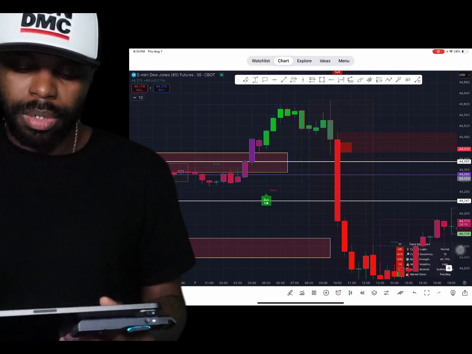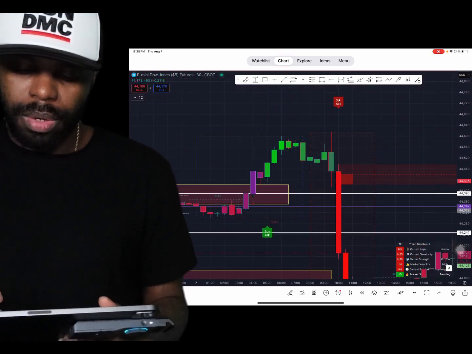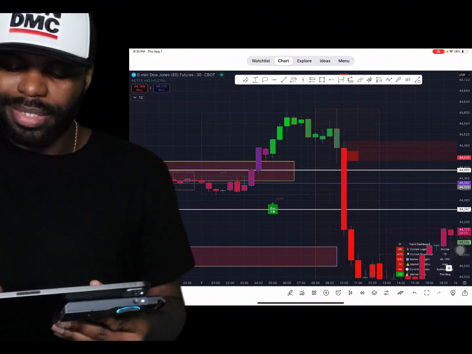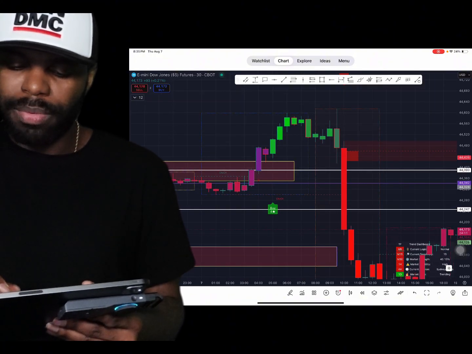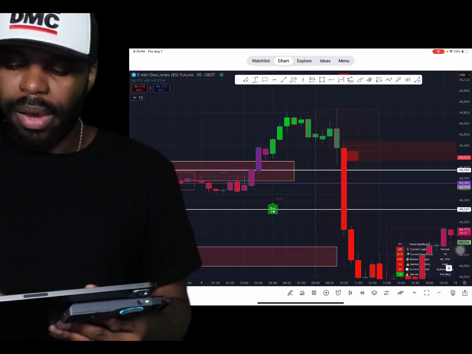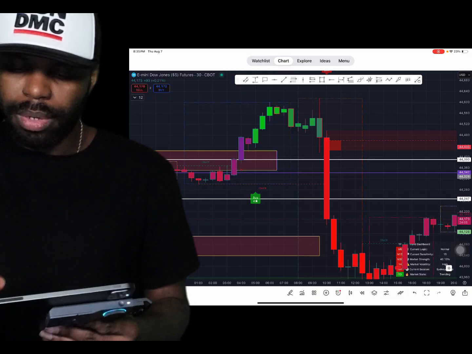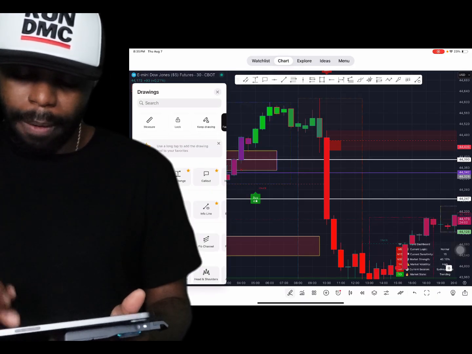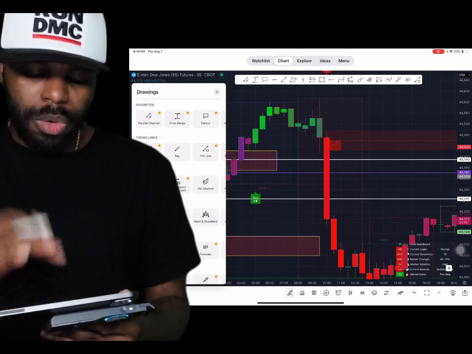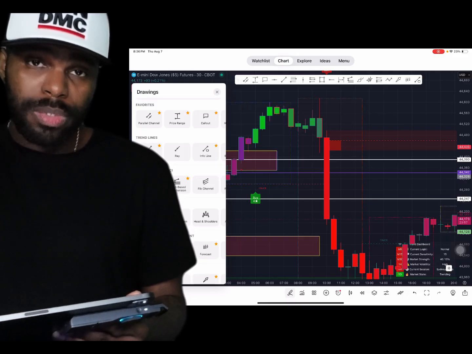I have my value area high, which is that top white line, this purple line, which is my point of control, and my value area low right here. So if you wanted to, it wouldn't be too good a risk to reward, but you would have an idea of where price could be heading.